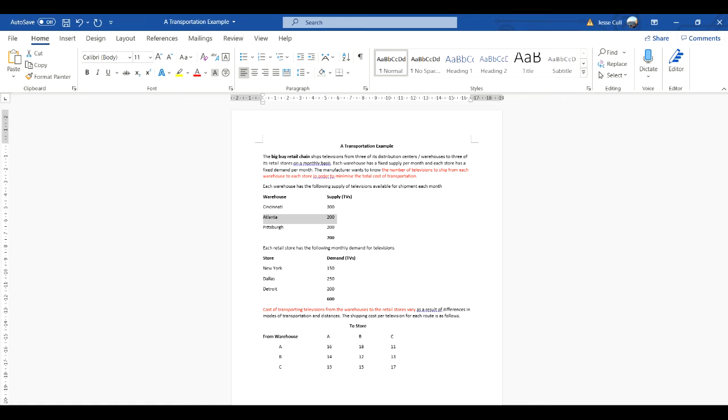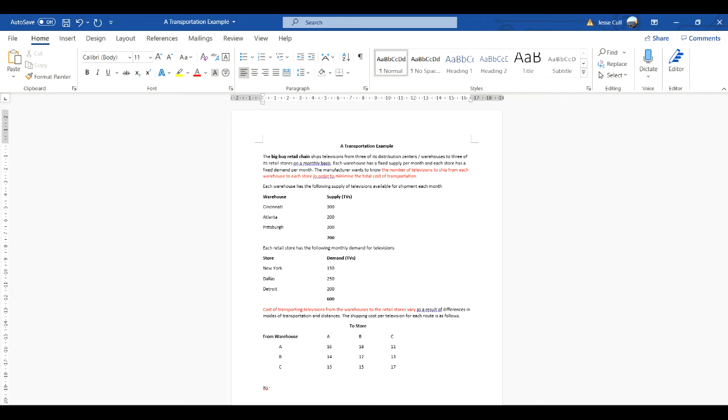So what we're going to do first is list our decision variables. Let's say, for example, we're going to call this Xij. The reason I'm calling it Xij is because as we get more complex, it may become easier to look at this.